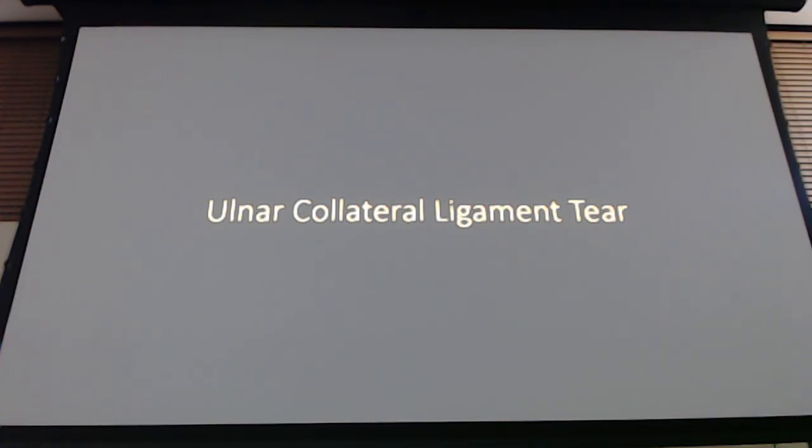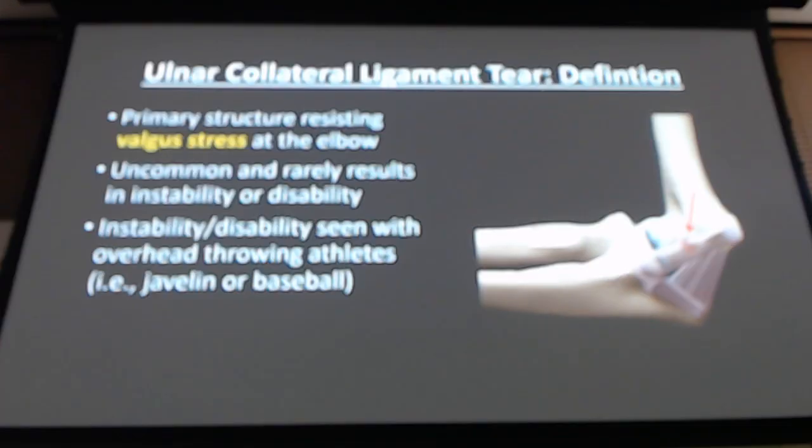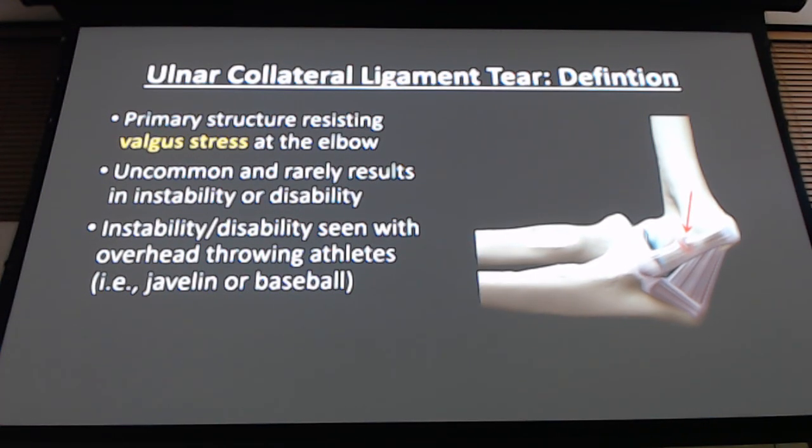Okay? So moving on to UCL injuries, ulnar collateral ligament injuries. So it's the primary resistor to valgus stress at the elbow. By now, you guys know valgus, correct? Yes. Okay, good. So valgus, so going outwards, correct? Because the ligament is medial, correct?